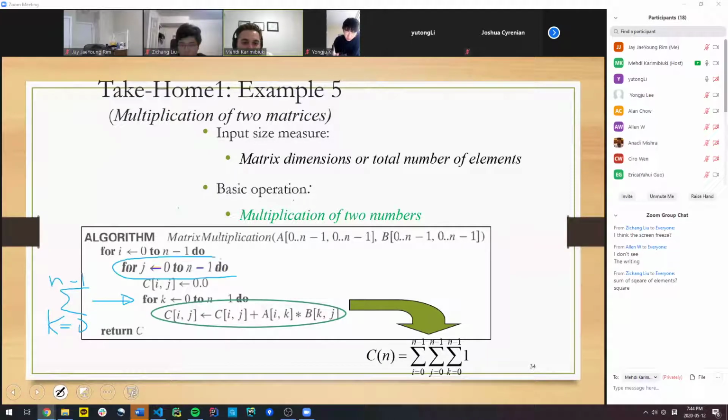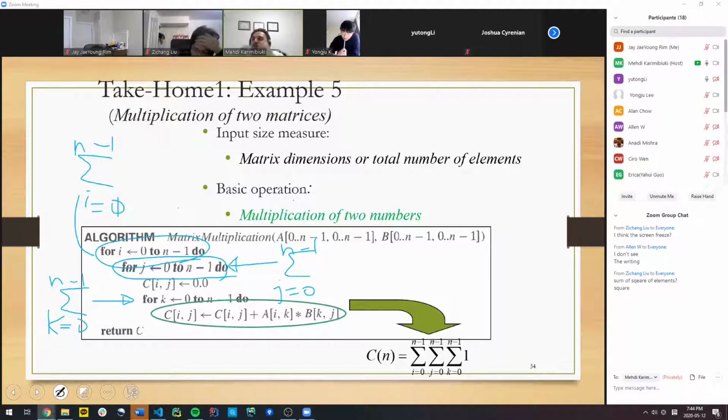The second one is this one. Sigma j equal to 0 going up to n minus 1. And the last one, the outer one, is this one, sigma i equal to 0 going to n minus 1. Right? That's how the for loops are incrementing. And we just put all those sigmas together, and that becomes our C(n) function.